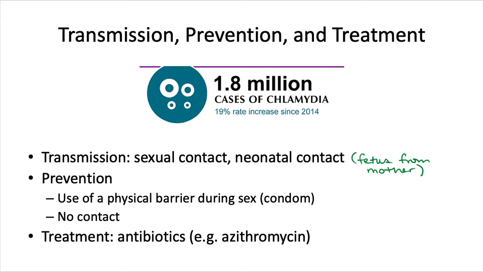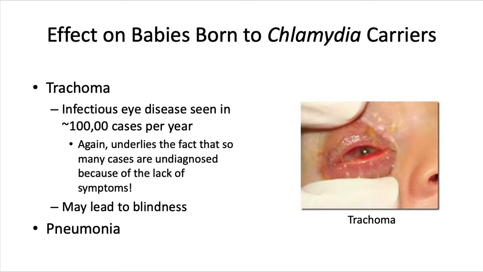All right, here we go with a slide. Again, it's a little sad. Neonatal contact. So babies that are born to those with chlamydia have a higher risk of trachoma. And that's actually how the species Chlamydia trachomatis got its name, because of the eye infections that are much more visible than the genital infection.